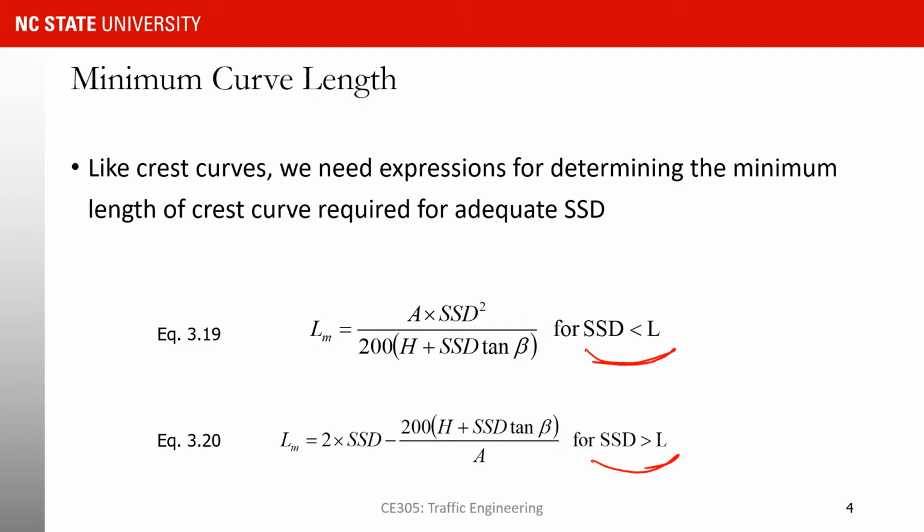Again, the first equation seems to be a little bit easier than the second equation, and we can further simplify these equations by assuming values for H and beta. What do you think is a good value for H and for beta? Just think about it for a few seconds.